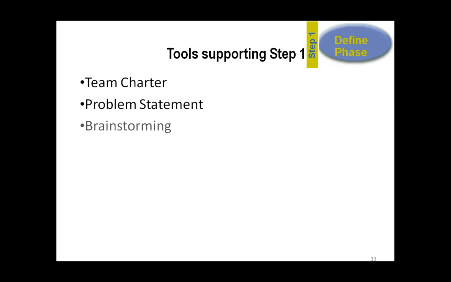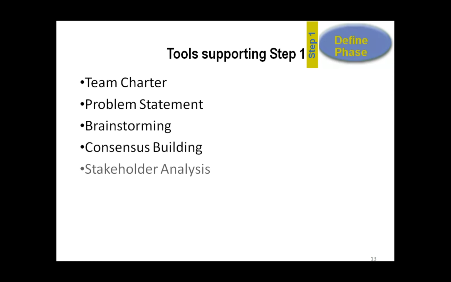There are other tools like brainstorming, consensus building, stakeholder analysis, SIPOC, that stands for supplier, input, process, output, customer. So it's a way of mapping the process. And then we have the VOC, or the voice of the customer. So these are some of the tools that are typically used in the define phase of a Six Sigma project, and apart from others as well.